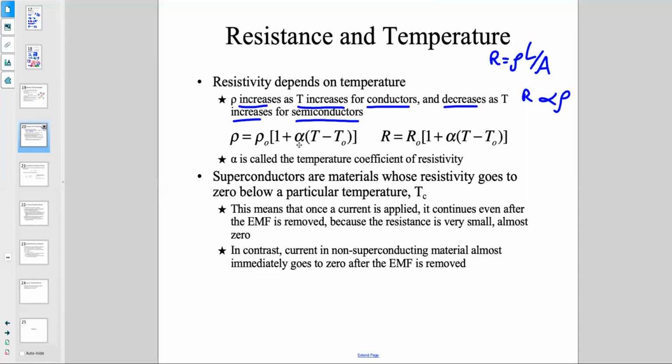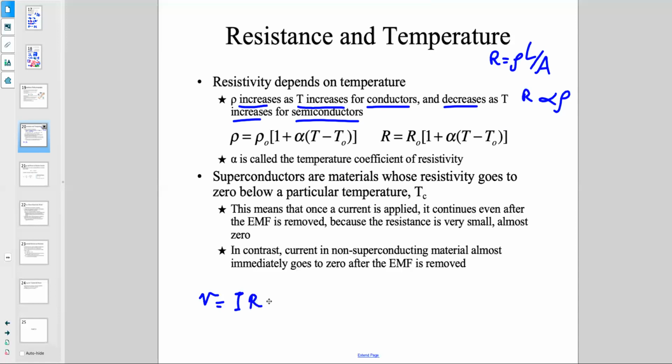Superconductors are materials whose resistivity goes to 0 below a particular temperature, T of C, the critical temperature. This means that once a current is applied, it continues even after the EMF, electromotive force, is removed. Even if you remove the battery, you'll still have a current going because there is no resistivity, no resistance. Remember that V equals IR.